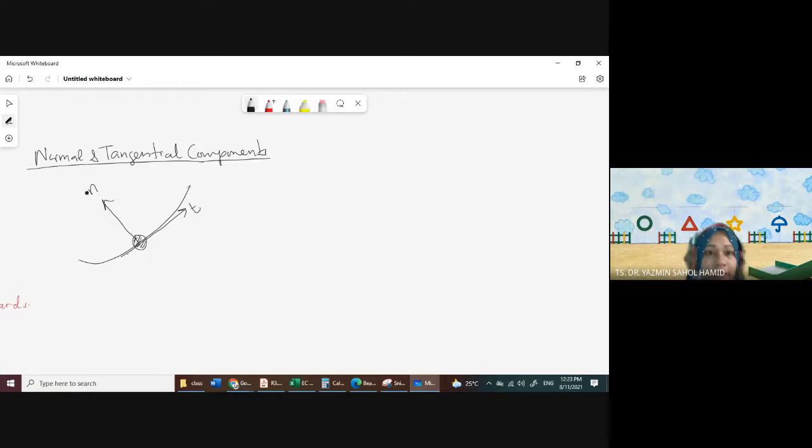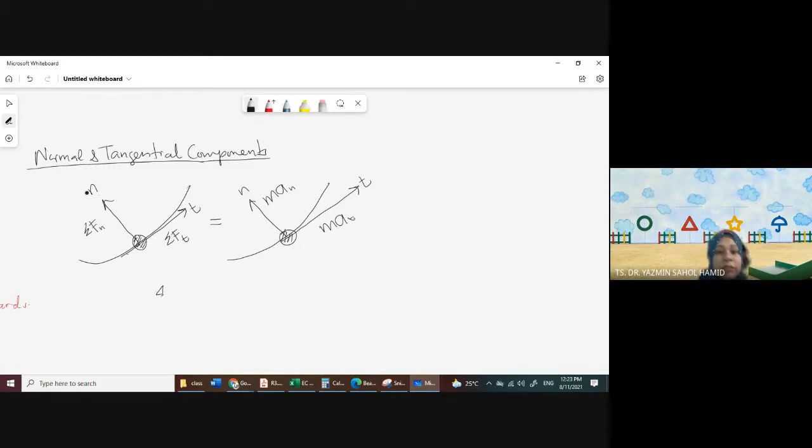So this will be summation of forces Ft, and this will be summation of forces Fn. So when we resolve in the tangent path and normal path, this will be mat and this will be man. Basically we want to resolve the components of the forces and the acceleration in the tangent path and the normal path.